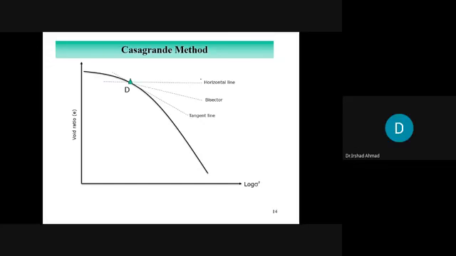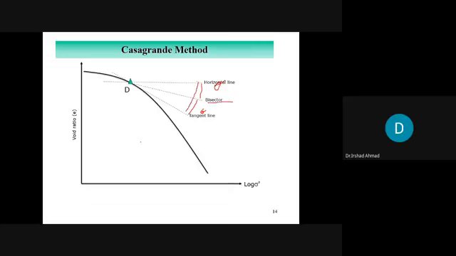The angle between the horizontal line and the tangent line, this is the angle, right? So you bisect this angle. This and this angle are equal, right? This is theta and this is theta. These are equal. So this is a bisector of this whole angle.